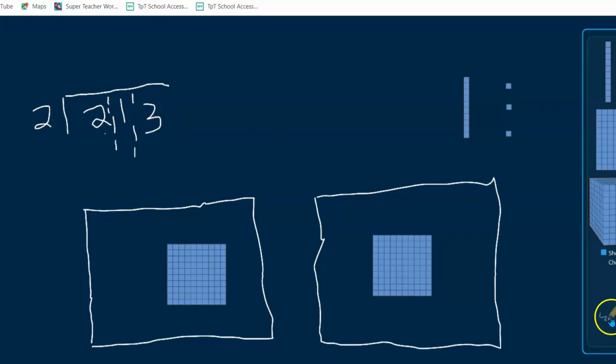Now just to show, I would model this. I'd say, okay, there's no hundreds left over, so minus 2 here. 0, so each group got a 100 block. Now let's look here. 1, we can't put it in groups of 2, so we have to split this apart.